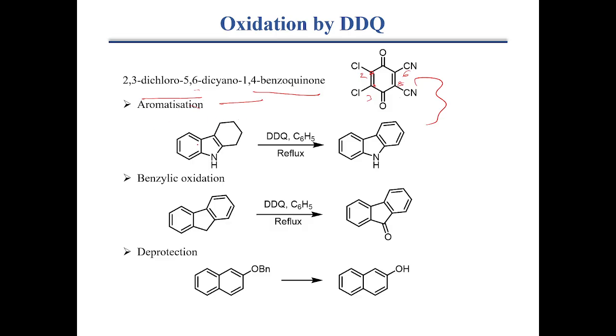So the application of DDQ is first greatly applicable in aromatization reactions. So the compounds which are non-aromatic in nature, in the presence of DDQ under reflux conditions such as benzene or toluene, are aromatized.